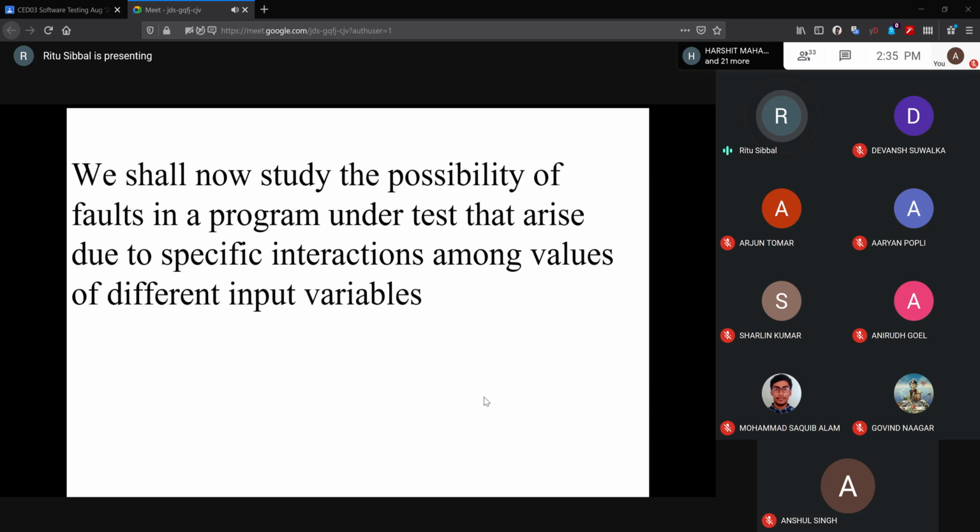We took input variables and their values and then studied testing techniques. But the interaction of input variables, this technique is known as combinatorial testing. That is the interaction between the variables.